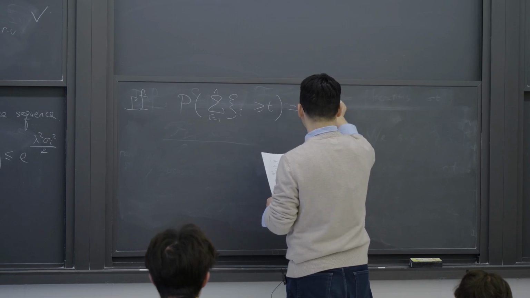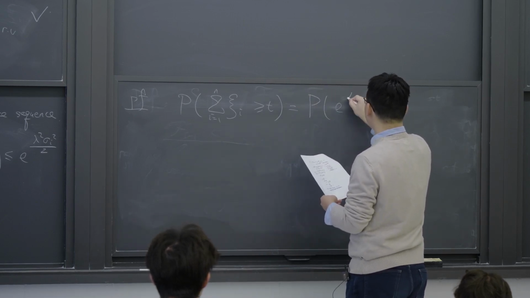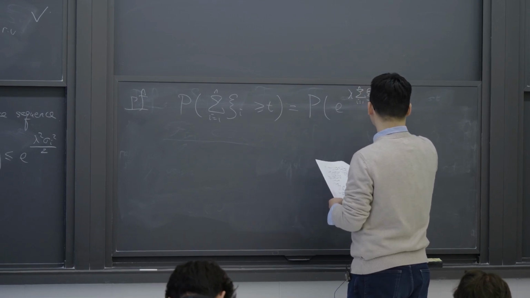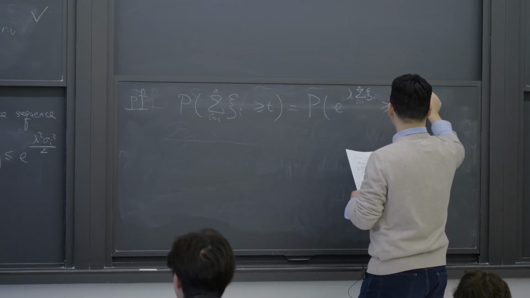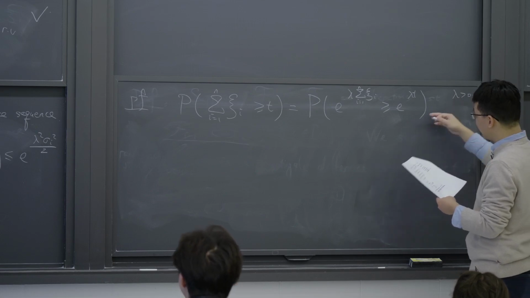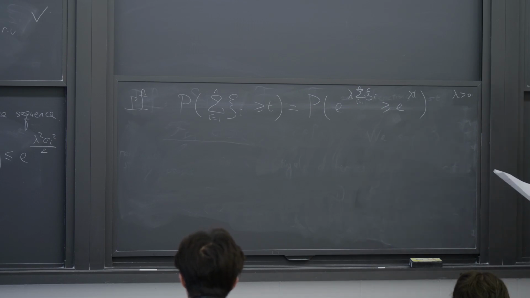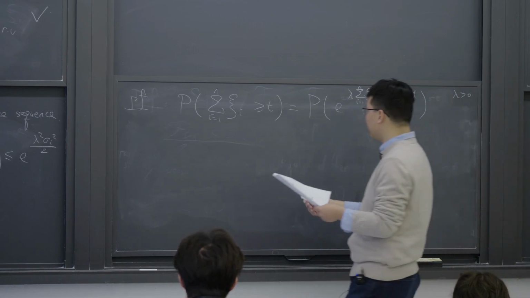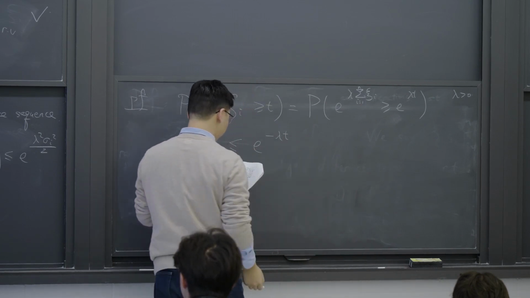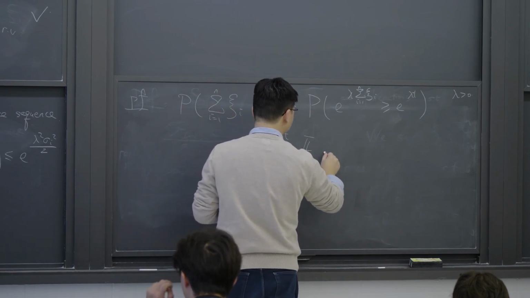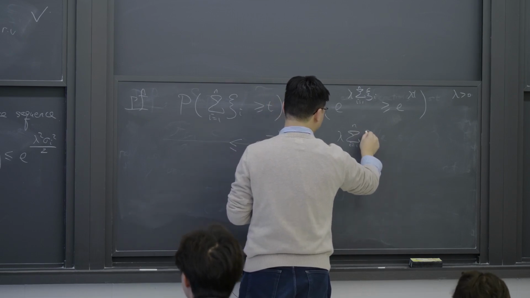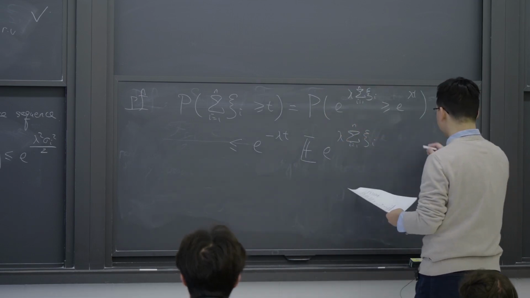So this is equal to the probability of e to the lambda summation i from 1 to n of Ci greater or equal to e to the lambda t. This uses the fact that lambda is greater or equal to 0, so e to the lambda t is a monotonic function with respect to t. And again, we will use Markov inequality. So this is less or equal to e to the minus lambda t times the expectation of e to the lambda summation i from 1 to n of Ci. This is using the Markov inequality.